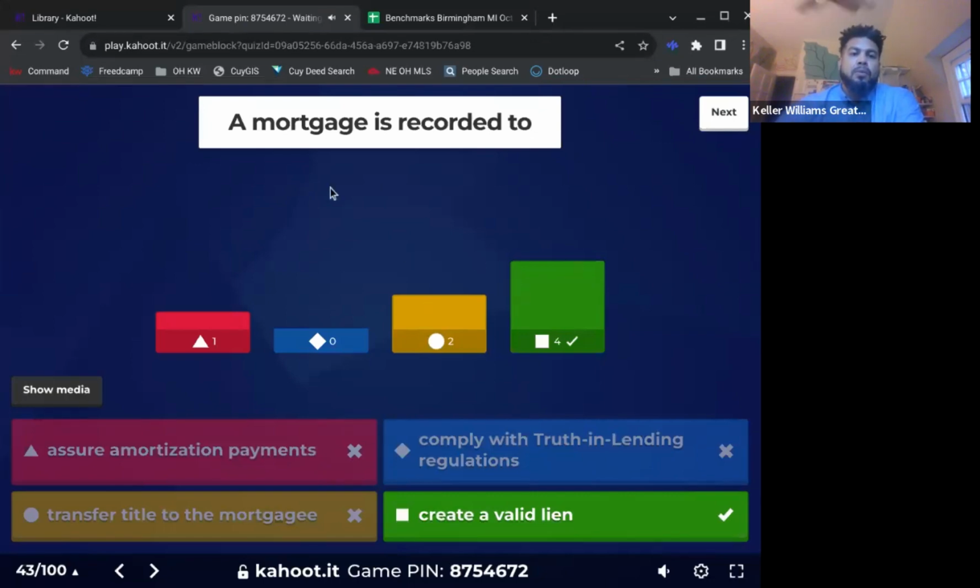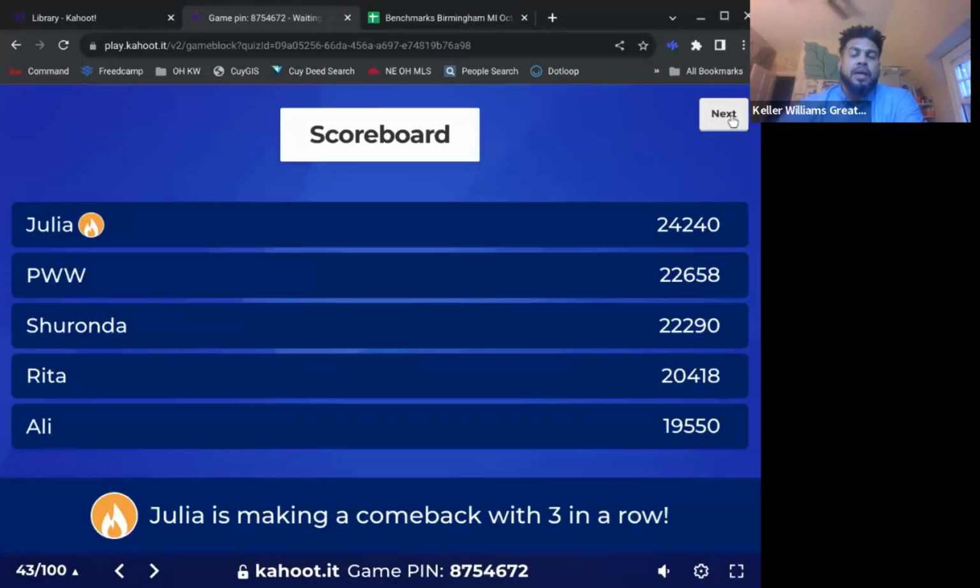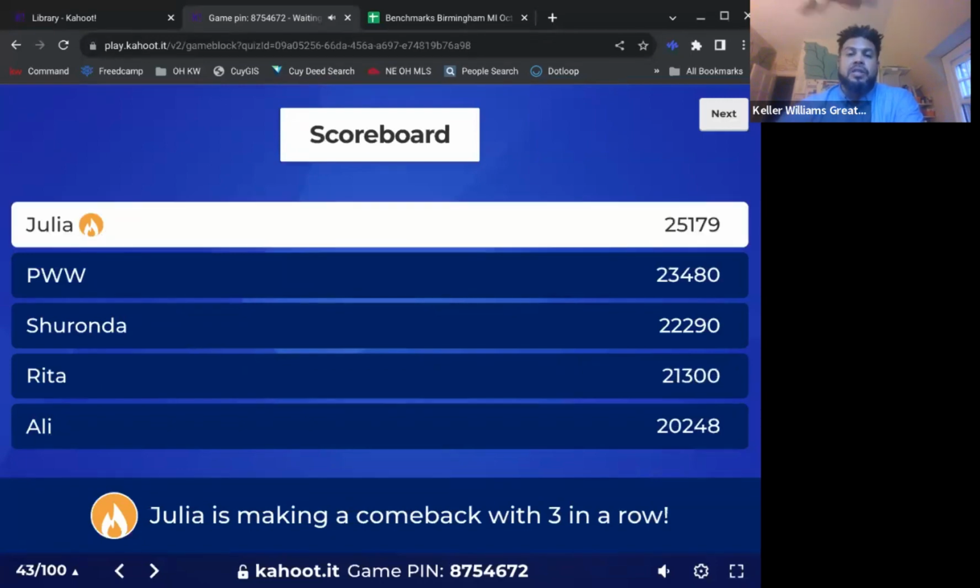So a mortgage, remember, it's not transferring the title. A mortgage is just recorded so that it creates a valid lien. So that way the mortgagee has the ability to go after the property if payment is defaulted on. And remember, the bank is the mortgagee, the buyer is the mortgagor.